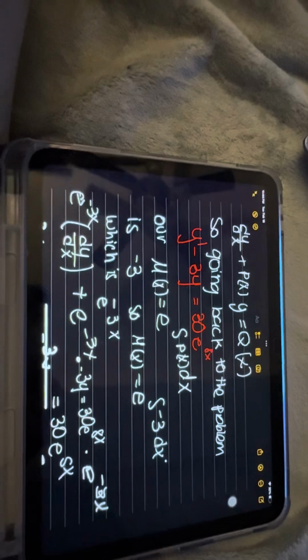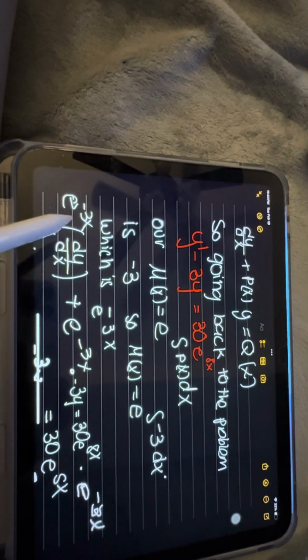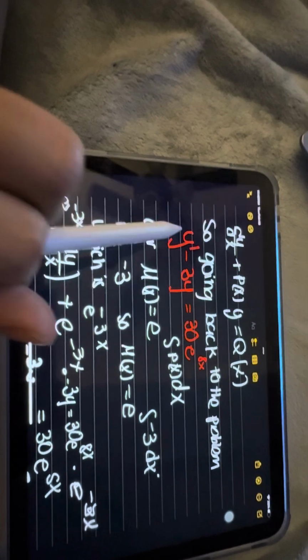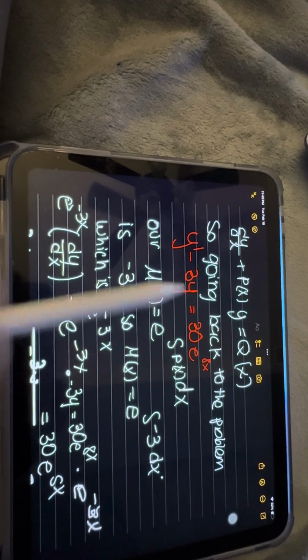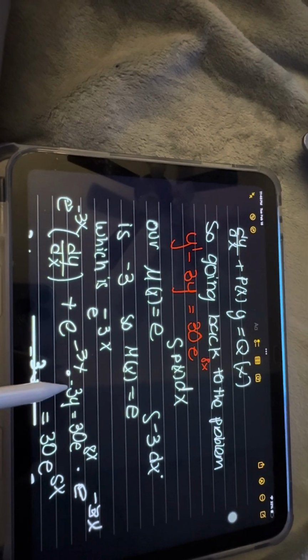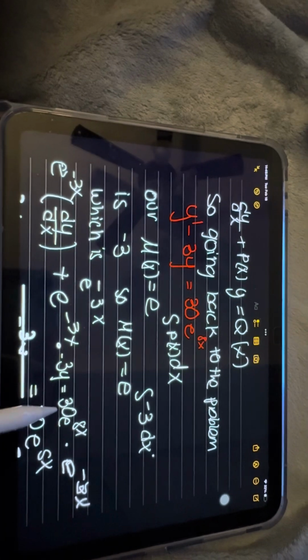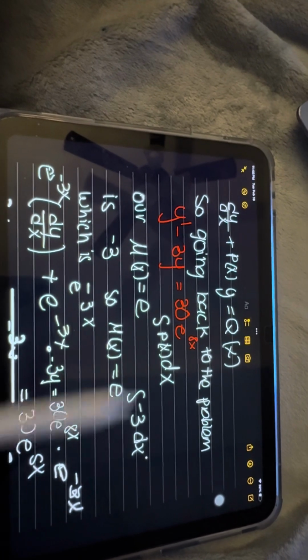We then multiply e to the -3x to both sides of the equation: e to the -3x times y prime, plus e to the -3x times the -3y that was already in the equation. On the right side, 30e to the 8x times e to the -3x.